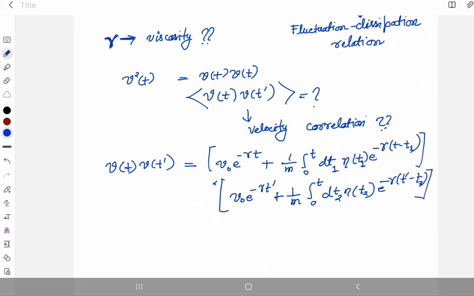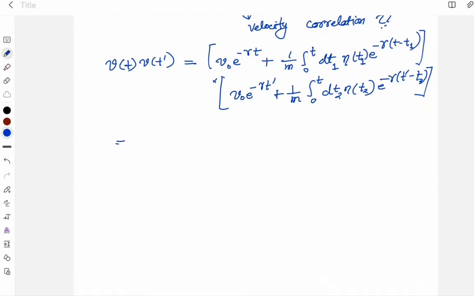If you multiply these two expressions you will have v0 square e to the power minus gamma (t plus t') plus the linear term, which will vanish if you average over all realizations.